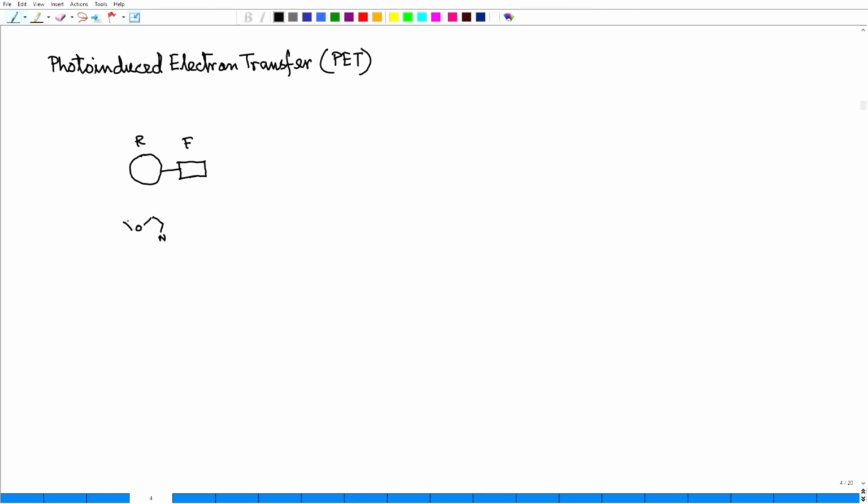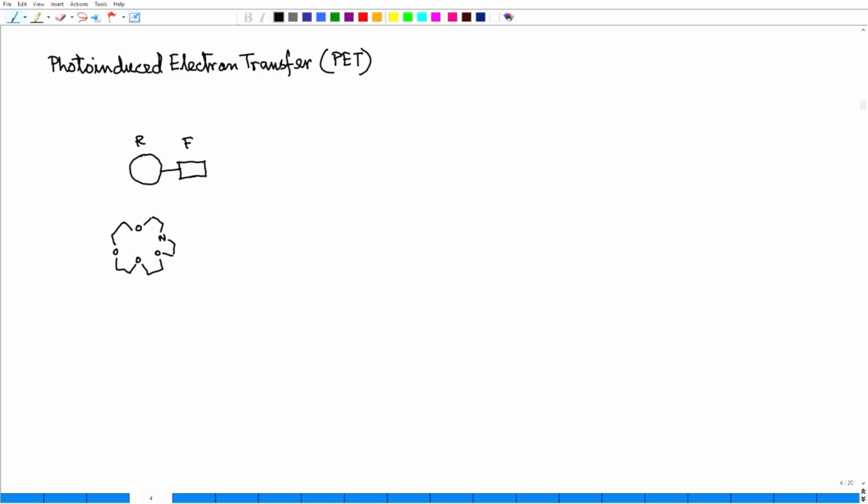suppose I make an aza crown kind of compound here, 1, 2, 3, say 4 and 5. This will be good for sodium ion, because of its size; I have done work on these things many times.